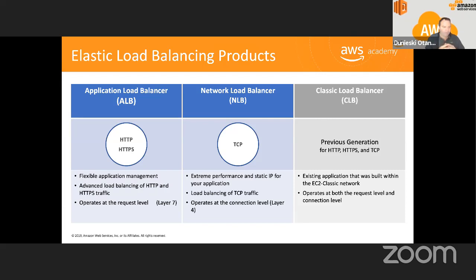Very important. It's ideal for load balancing TCP traffic, and it's capable of handling millions of requests per second, like I said before, and it's optimized to handle sudden and volatile traffic patterns. Those traffic patterns that are constantly changing, this is the one for that.